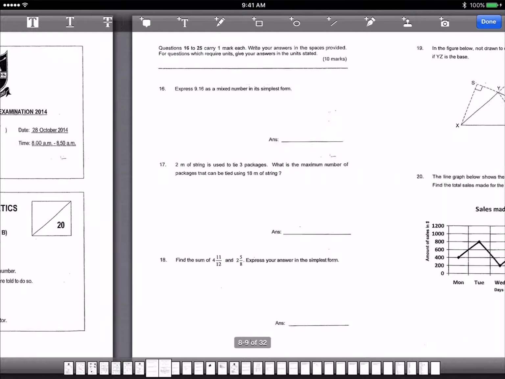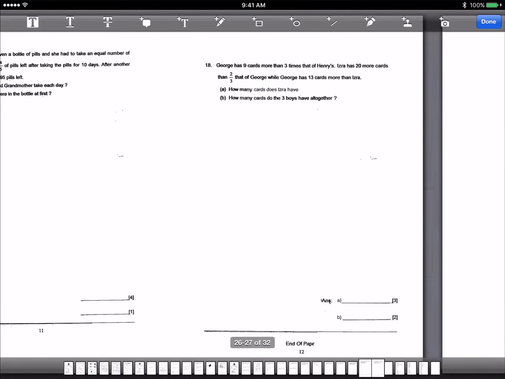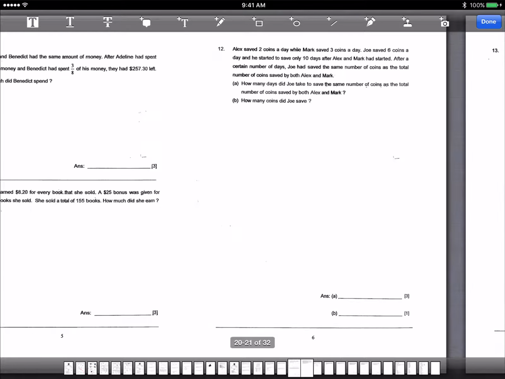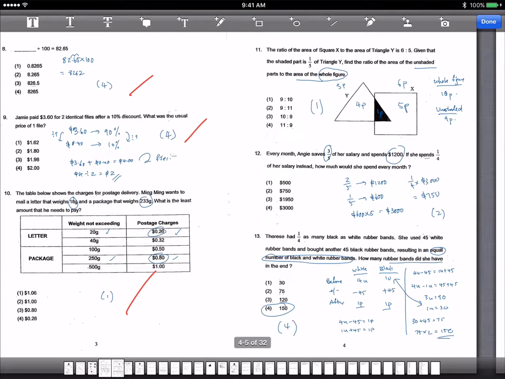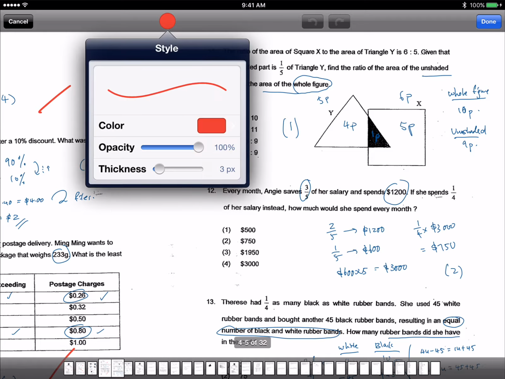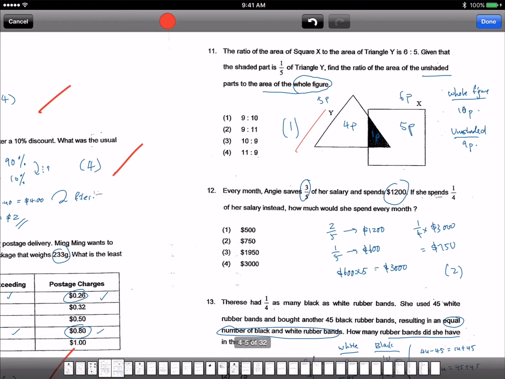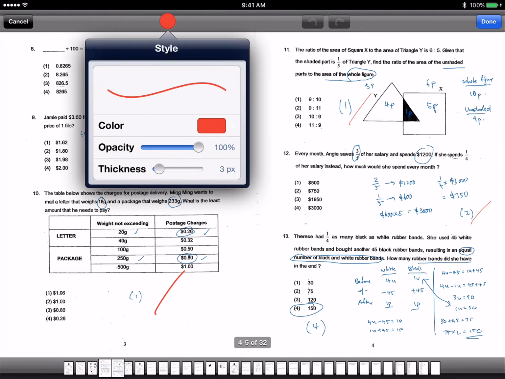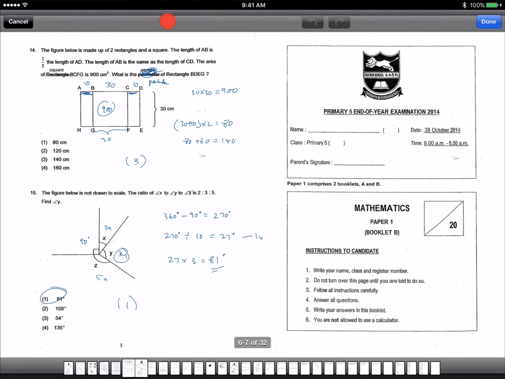And the last one. 1, 2, 4, 3, 1. So I got 19 upon 20.